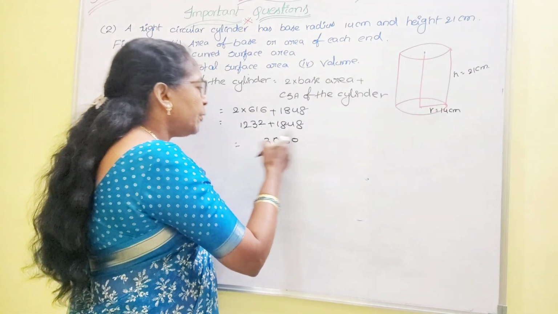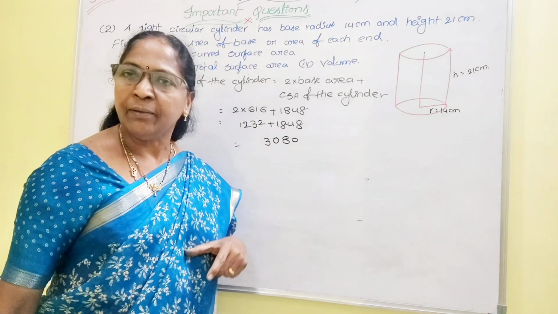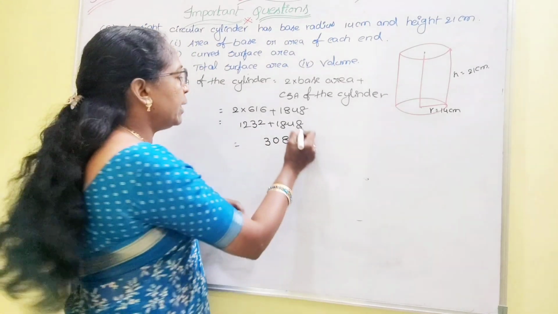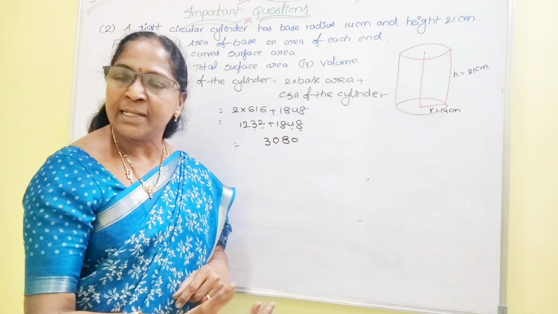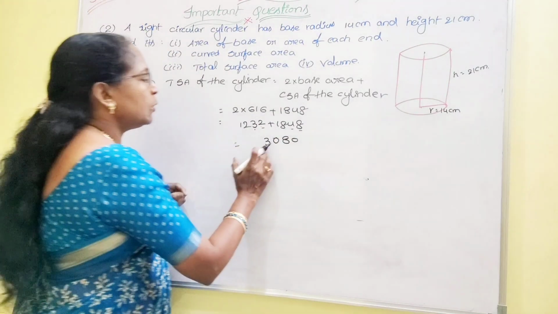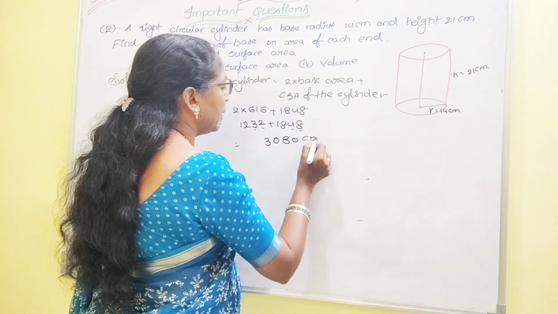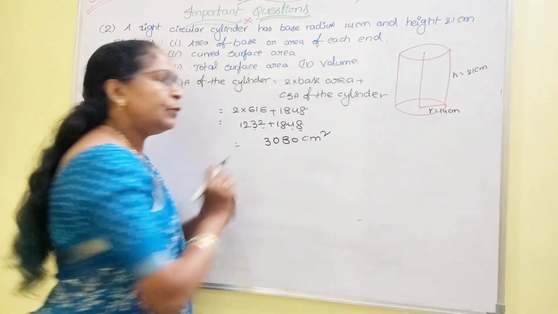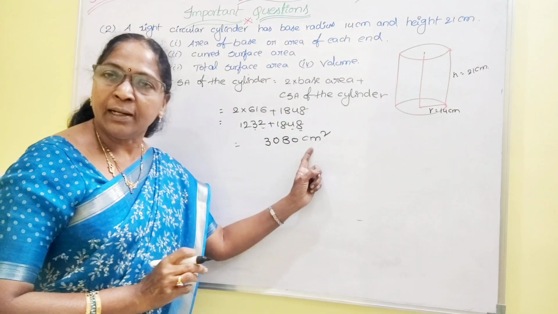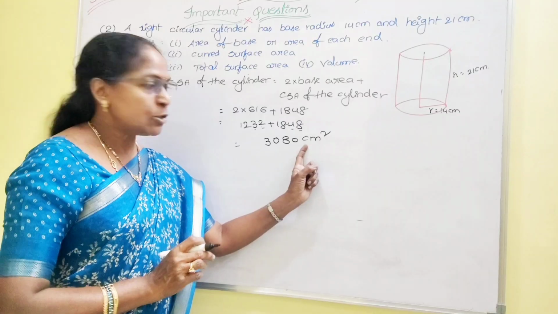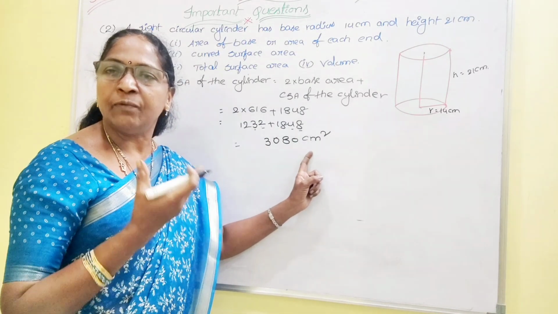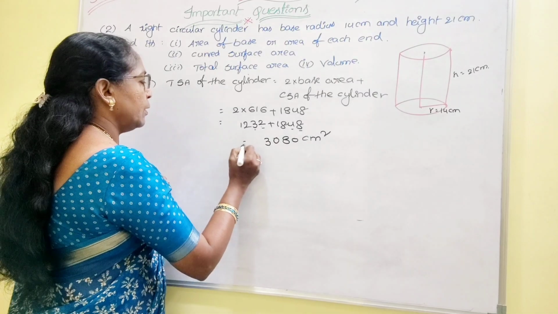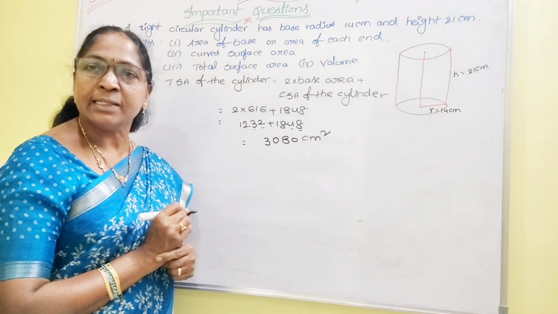Whenever you are adding in the horizontal manner, consider the unit digits, tens digits, and add the values. So 3080, again the unit is centimeter square. Don't forget to write the units. If you don't write the units, you will lose marks. So remember that the unit is centimeter square.